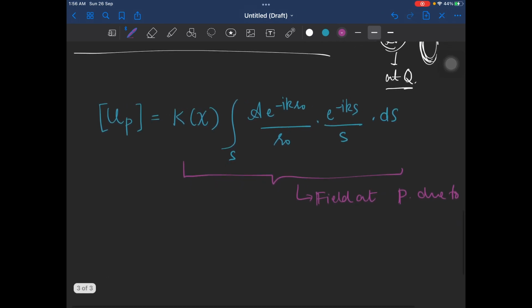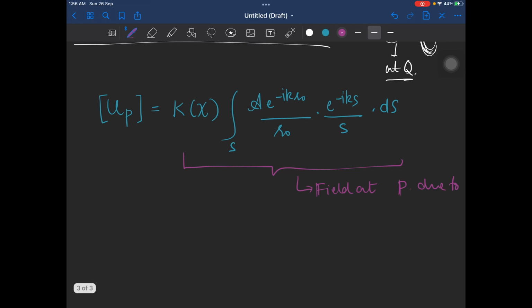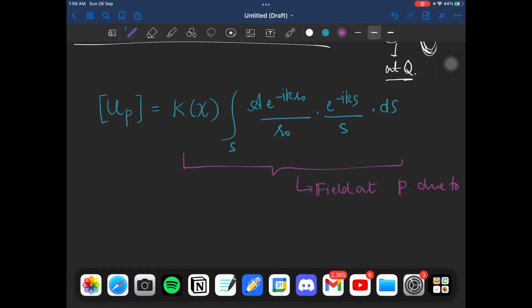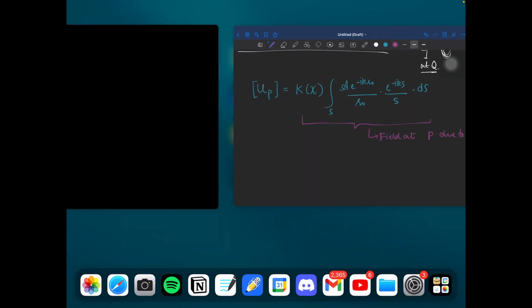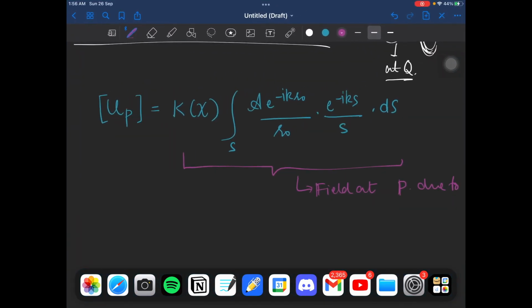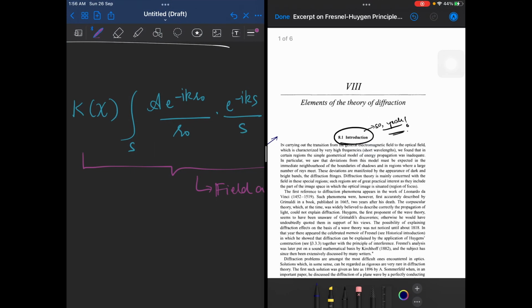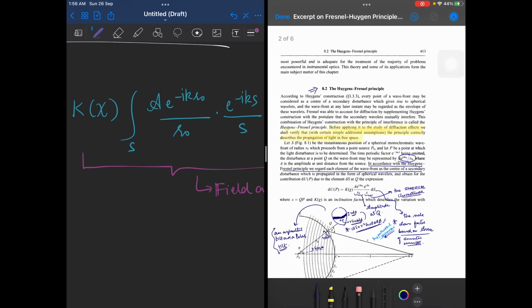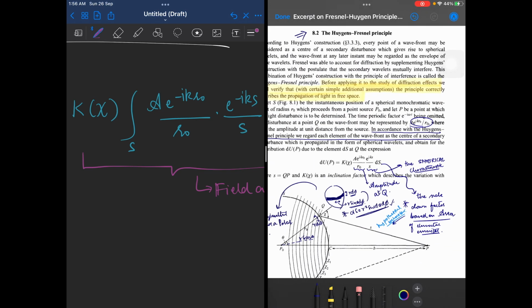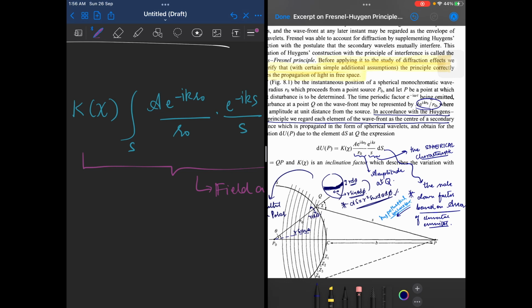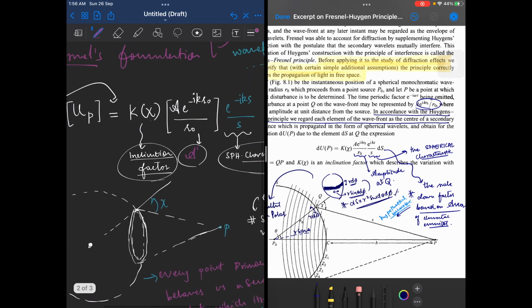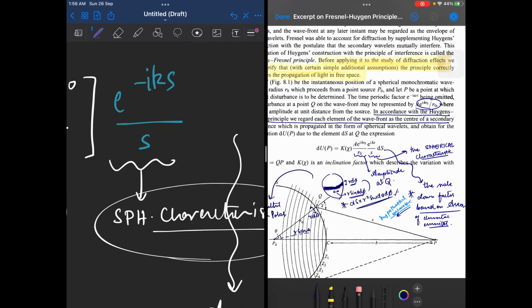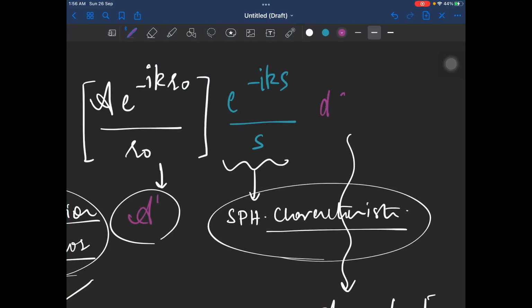So this is the thing, and let me just look at what exactly it is. Let's write ds. There is a factor ds indeed.